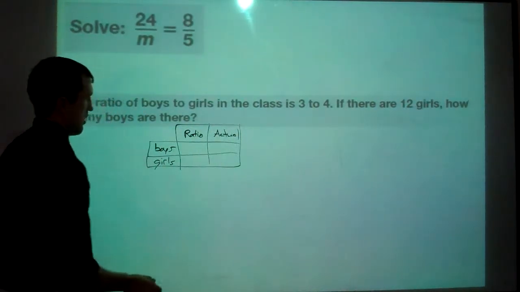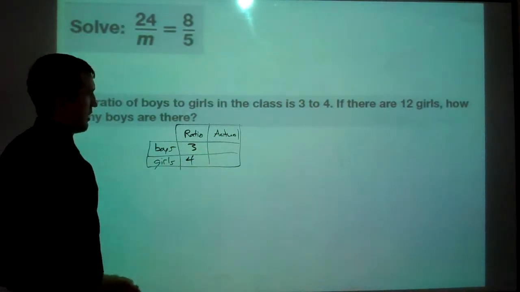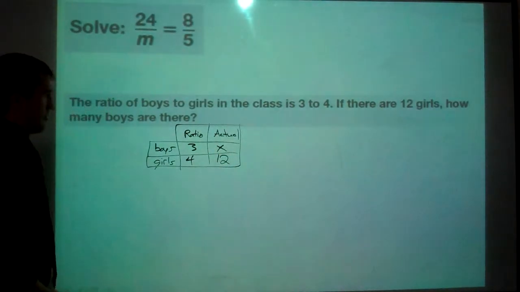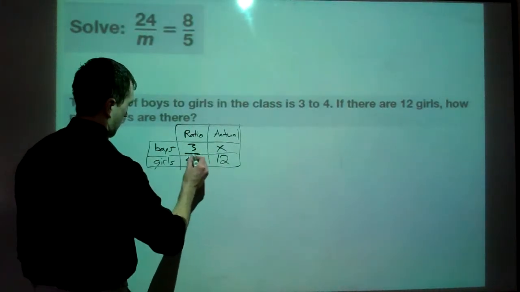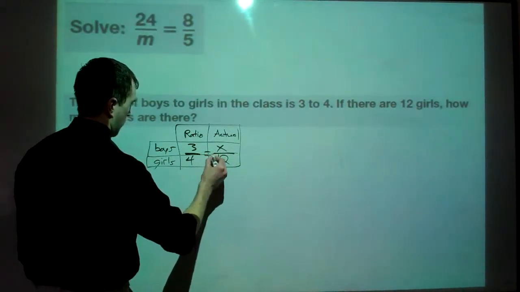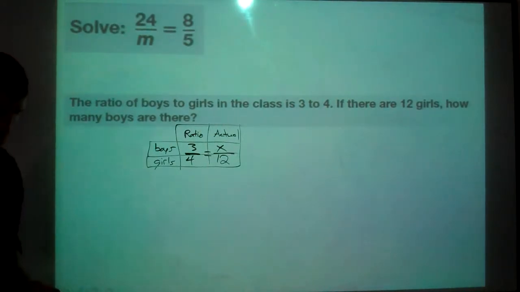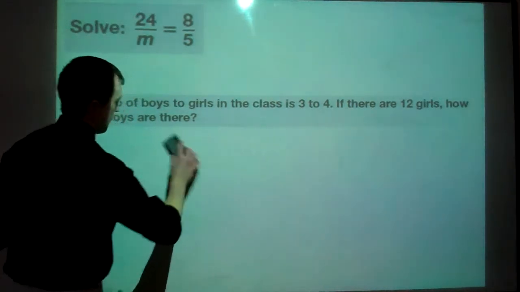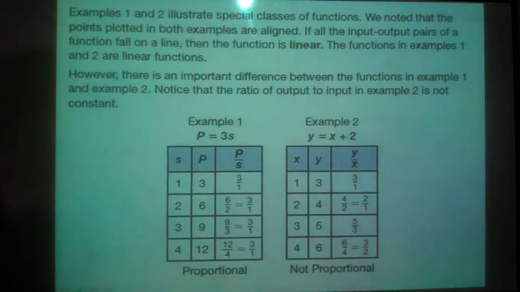Just like that. And it was 3 to 4 for boys to girls, and if there are 12 girls, actually, how many boys do we have? Well, we have our proportions set up. 3 over 4 equals x over 12, and you can do some cross multiplying, dividing, or whatever you want to get x in that situation. So that was something else we worked on earlier.